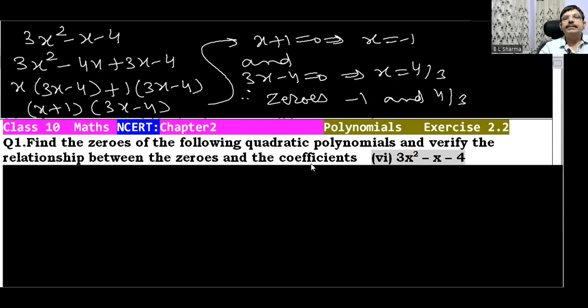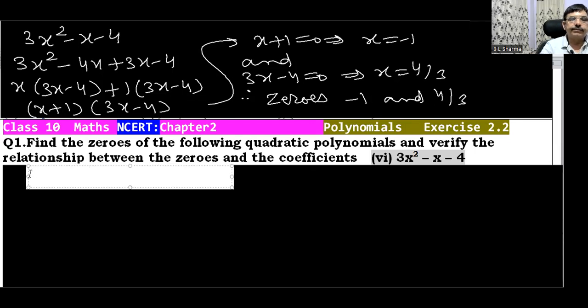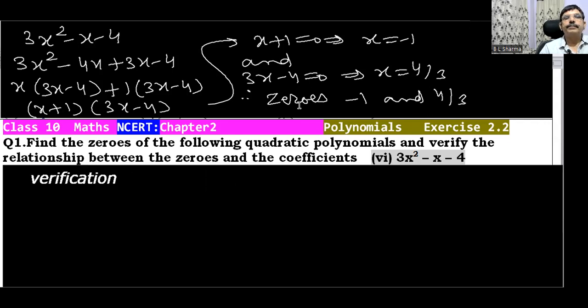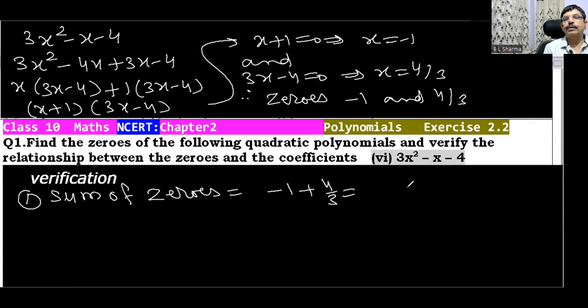And now the second part is the verification of relationship. So here, verification. First, sum of zeros, that is minus 1 plus 4 by 3, 3 LCM, minus 3 plus 4, that is 1 by 3.